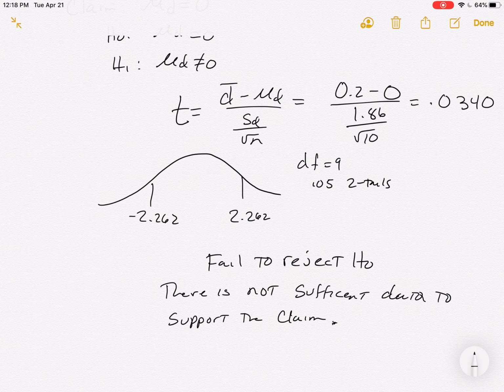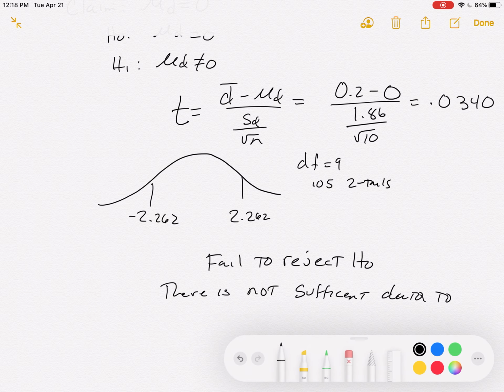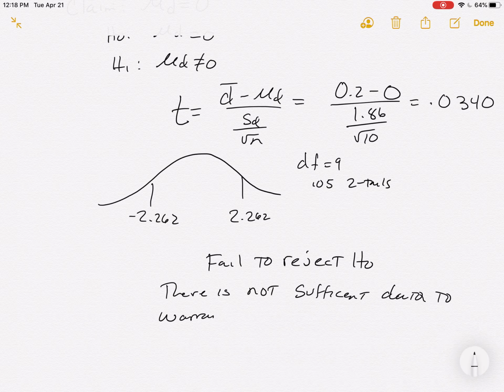So whatever wording has been common throughout, right? There is not sufficient evidence to warrant rejection, right? That's what I should put. Because that claim is the same as the null hypothesis, I really need to follow that pattern: to warrant rejection of the claim that the difference in heights is zero, right? So whatever's modeled in the back of the book, that's what we expect you to do as well.